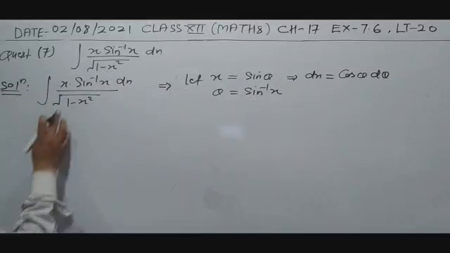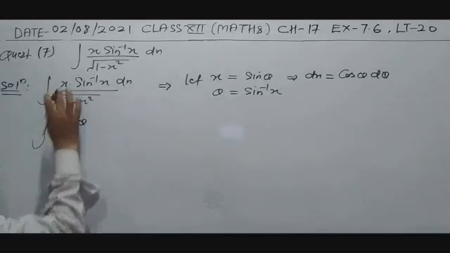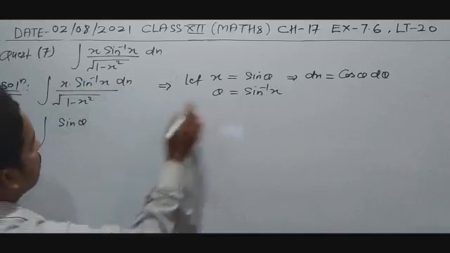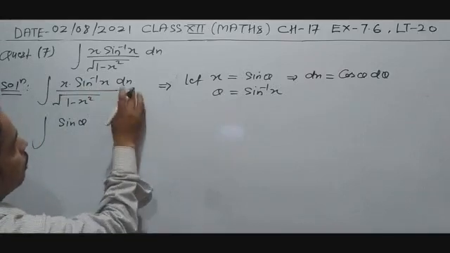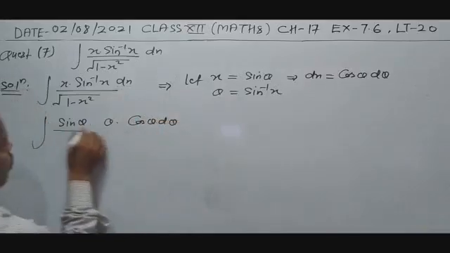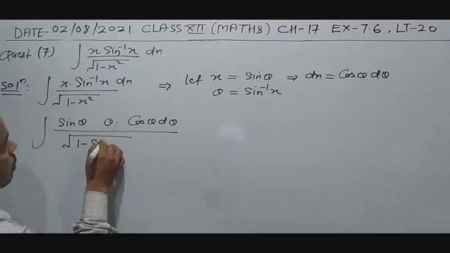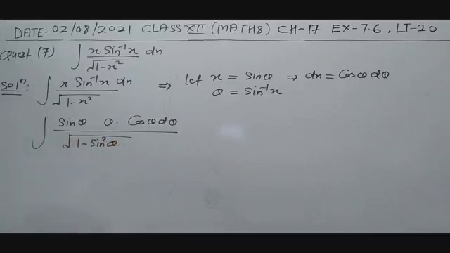Now we are going to reduce the function. Suppose x I have given sine theta. So this is sine theta and sine inverse x result is theta, and now dx result is cos theta d theta whole upon root over 1 minus sine square theta. And now you know result 1 minus sine square theta is cos square theta, and cos square theta outside the root result will be cos theta.